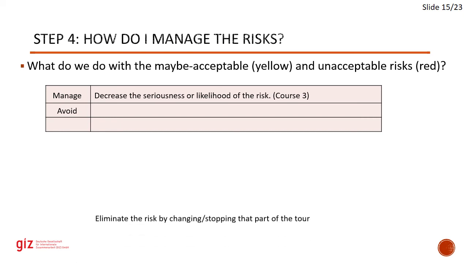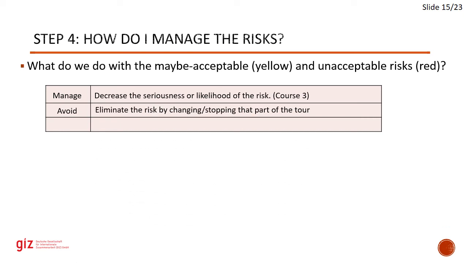This means we eliminate the risk by changing or stopping that part of the tour. So for example, if we want to avoid the risk of a car accident, we have to stop driving cars. Or we could accept the risk. This means we don't do anything to combat the risk, but we accept it and make sure our insurance covers it in case of an accident.